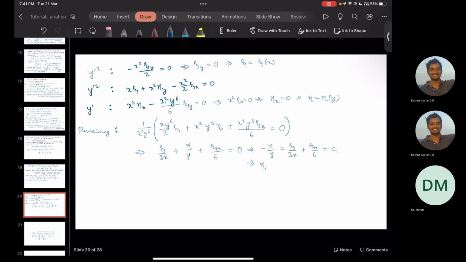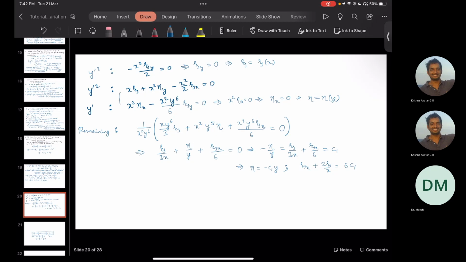So this means that eta is equal to minus c1 y. And for the second, we'll just multiply throughout by 6. And this gives us plus 2 xi by x is equal to 6c1. Right? Okay.